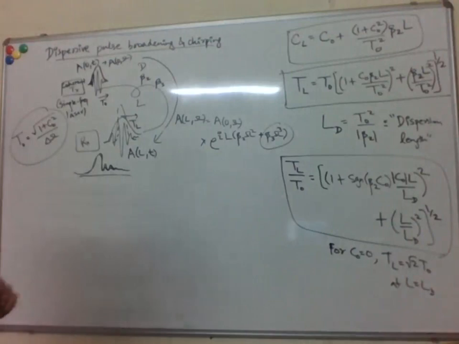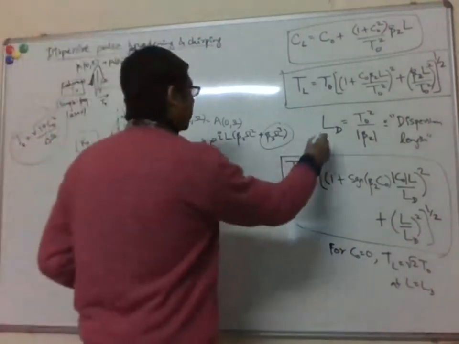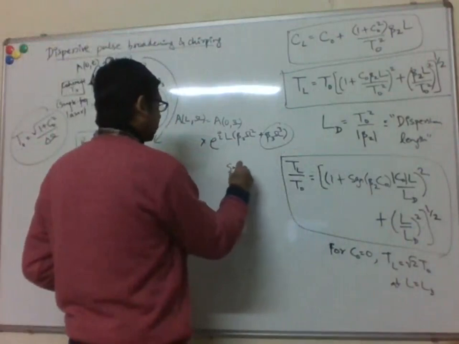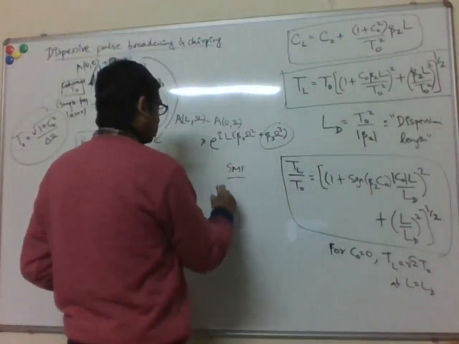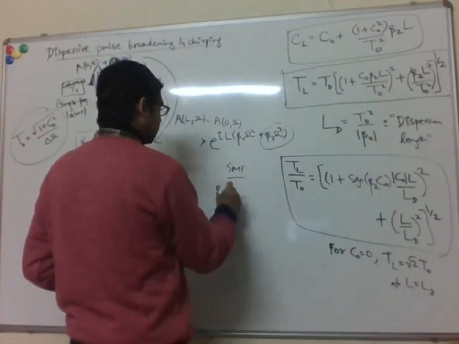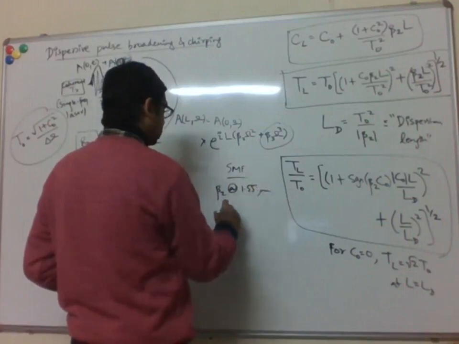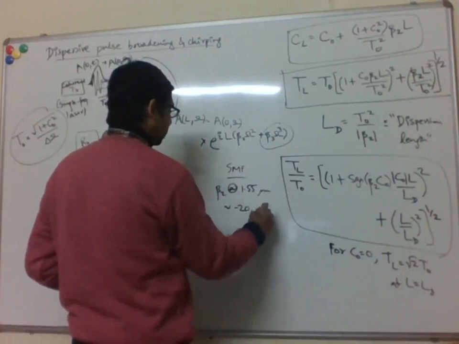Just to give you some idea of the dispersion length: if you take a standard single mode fiber at the telecom wavelength 1.55 micron, beta 2 is about -20 picosecond square per kilometer.